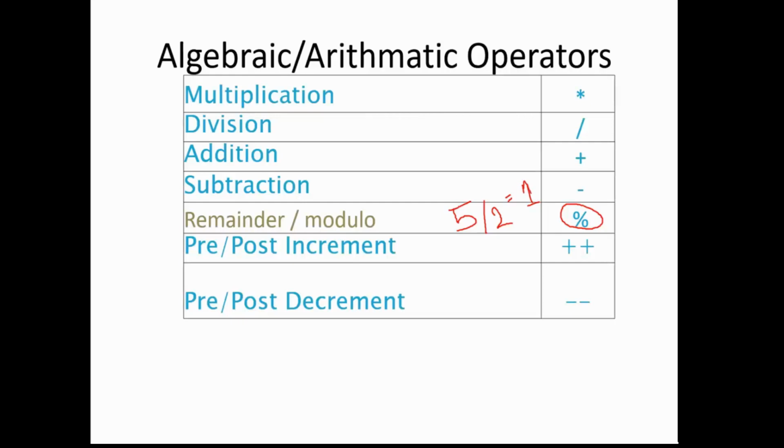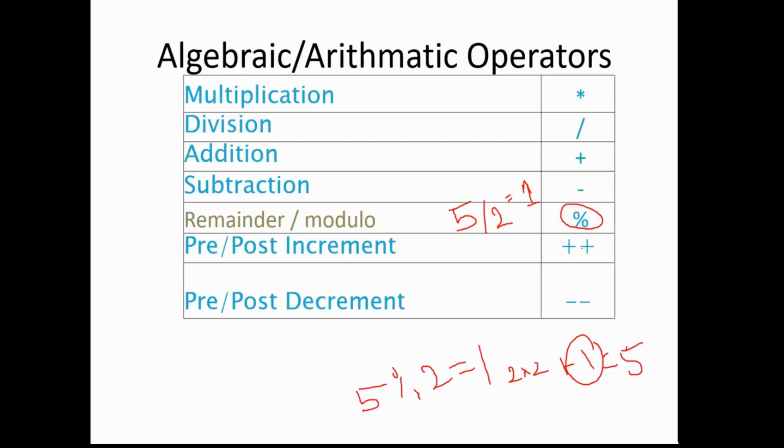That means 2 times 2 equals 4, plus 1 is 5. That's how we get 5. Therefore, this is the remainder when we divide 5 by 2. So in that case, we can use modulo. If we say 5 mod 2, the answer is 1, right? That is the idea behind modulo.